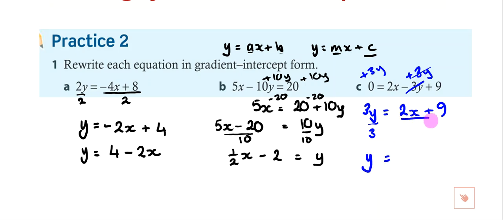And I need to divide the other side by 3. So now this is interesting. How do I put it in gradient form? So 2x divided by 3. 2 divided by 3. How do we write that? Just 2 over 3. Yeah. And then we look at it. Is 9 divided by 3 possible? Yeah.